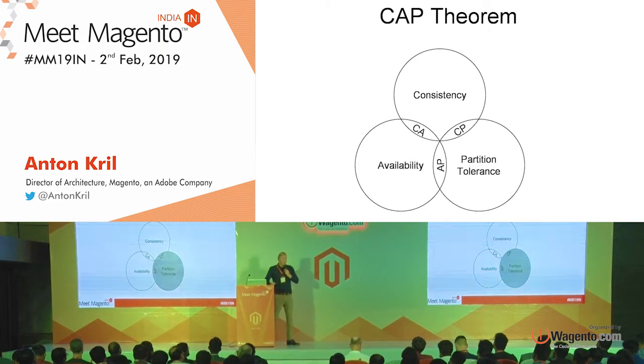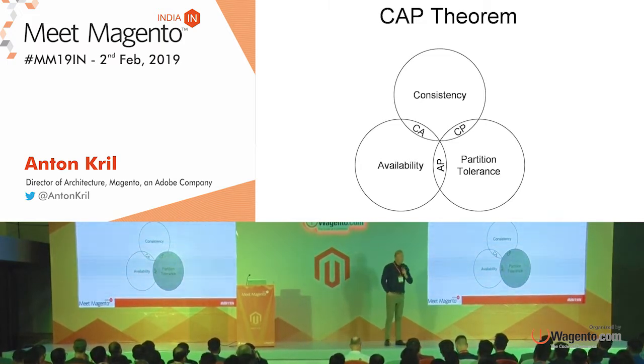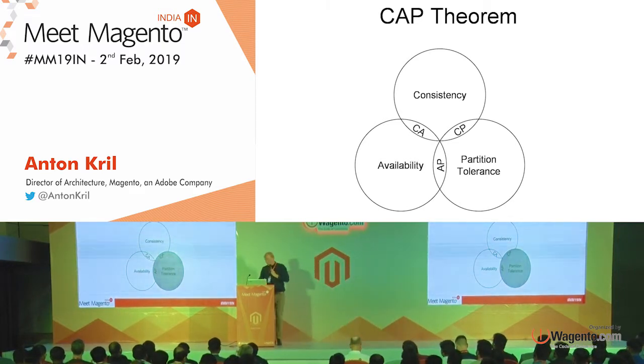So you can only choose between consistency and availability, right? Full consistency is rarely required, in 90% of cases and scenarios. So for most scenarios, you can choose eventually consistent applications.